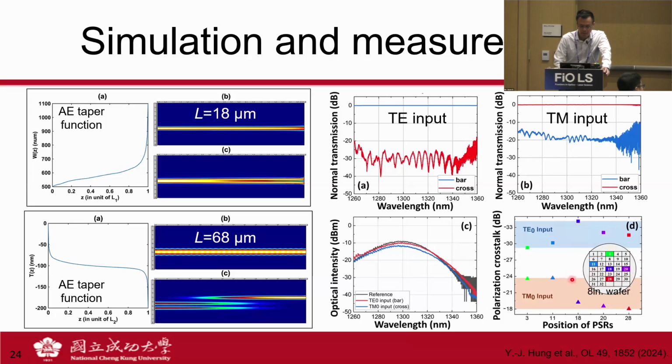You can see that across the whole 8-inch wafer, we see very good polarization extinction ratio. As you know, you expect plus or minus 10 or 20 nanometer differences in waveguide thickness across the whole wafer. So this verifies that these devices could be very tolerant to fabrication errors.